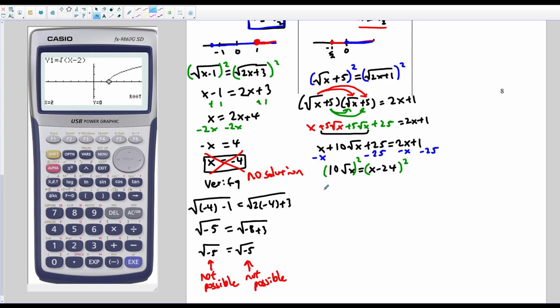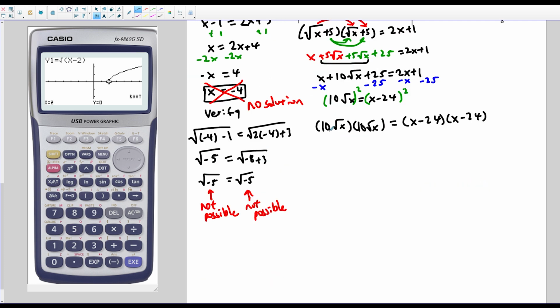And essentially what this means is that we have 10 root x times 10 root x, and that's going to be equal to x minus 24 times x minus 24. Over here on the left-hand side, we have 10 times 10 gives me 100. And the square root of x times the square root of x just leaves me with x.